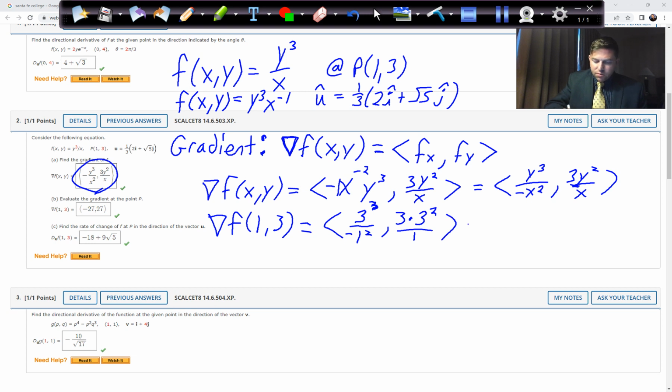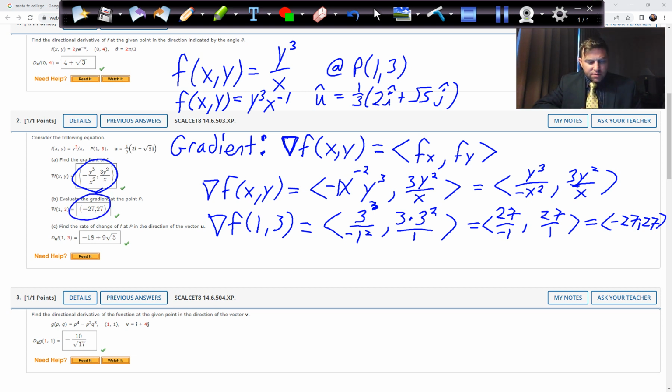And if you do this, you will get 27 over negative 1. And we'll get 3 times 9, which is 27 over 1. And that will just be minus 27, comma 27, which is what I have there.